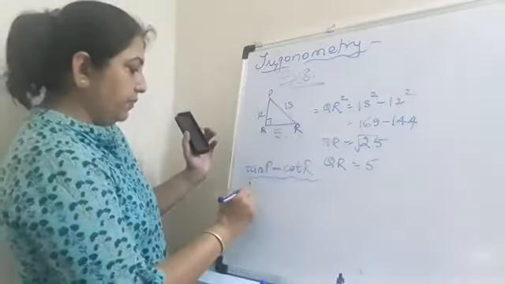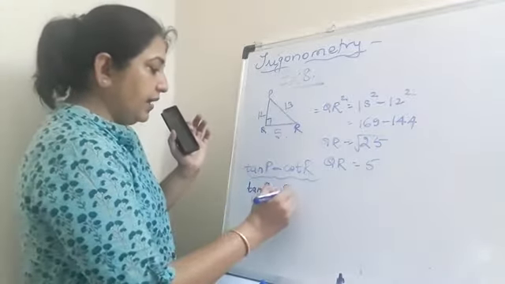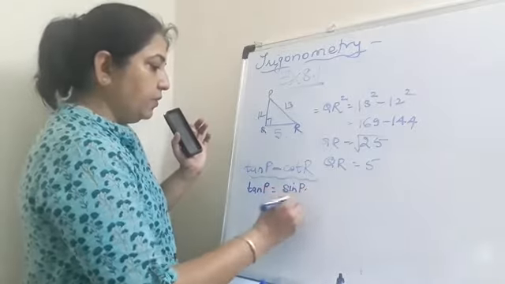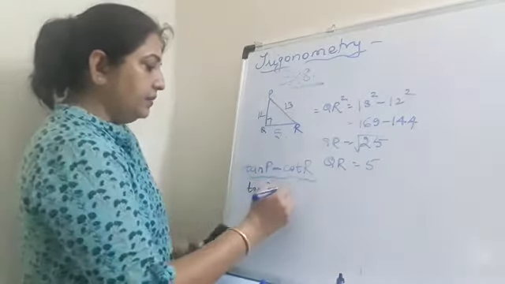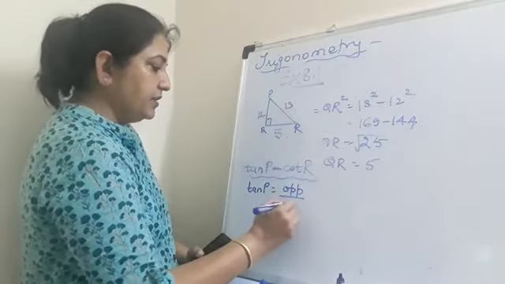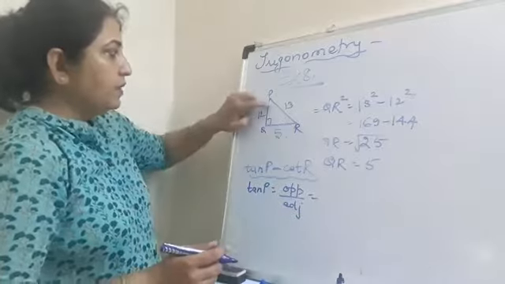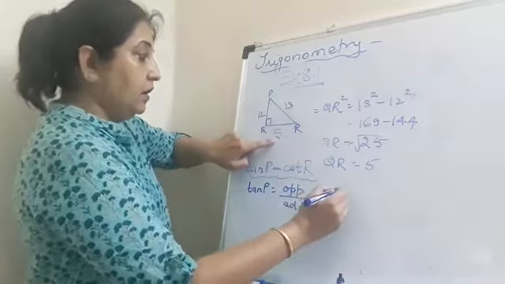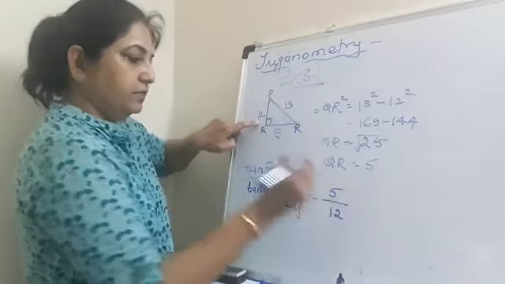So tan P. Let us first see tan. Tan will be sin P upon cos P. Okay, let us leave this. We will write directly opposite upon adjacent, right? Which is the opposite side for tan P? 5 upon adjacent side 12, right?